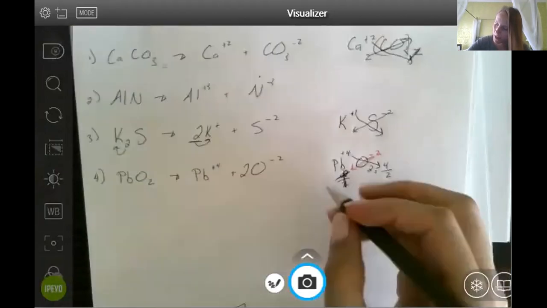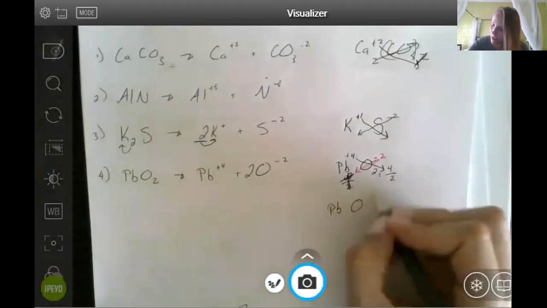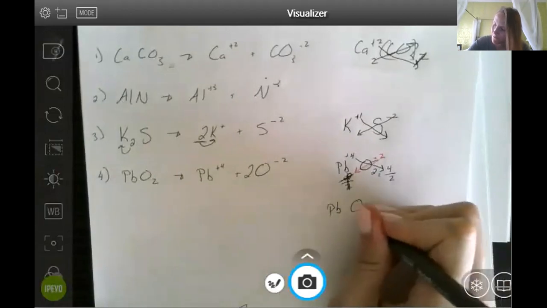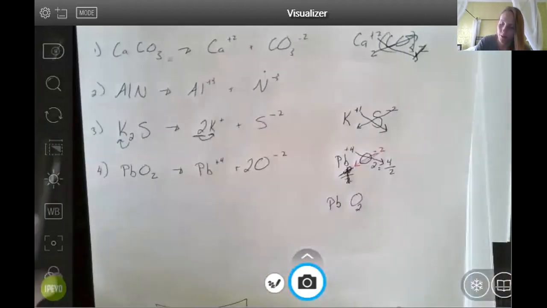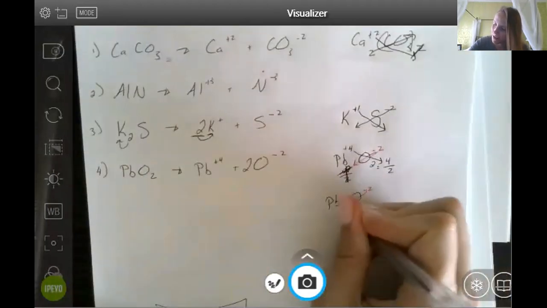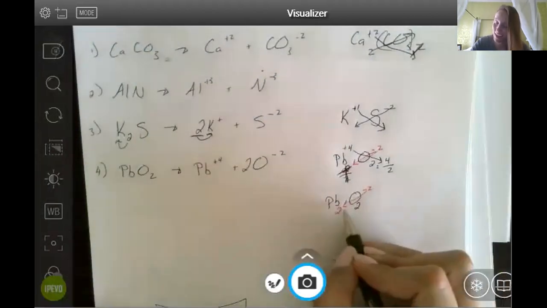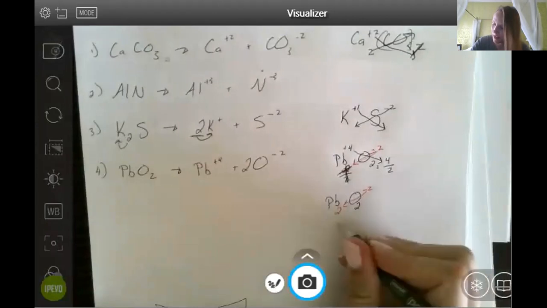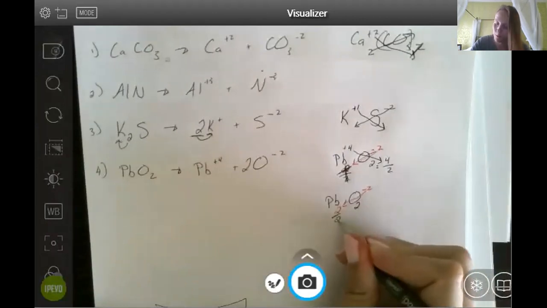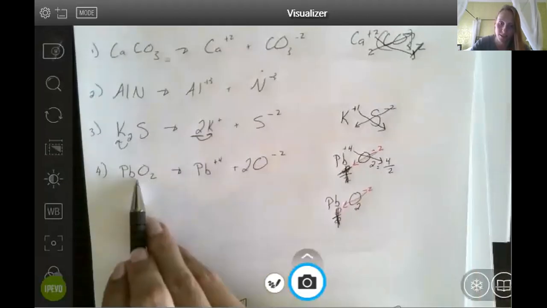Okay, so just to explain that one more time, because I know we'll get confused with this. This is what I started with. I know that I have a 2 crossing over behind my lead. I need to see, how do I get rid of this 2? And it would be to divide it by 2, because that would cancel it out and get rid of it.